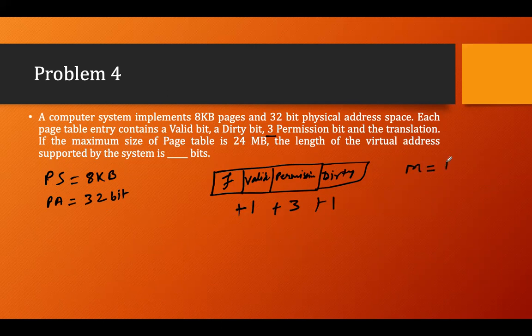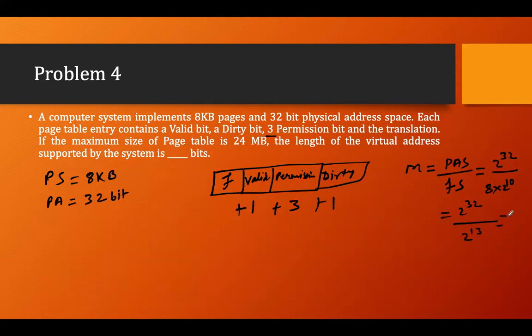It is just the physical address space divided by the frame size. What is the frame size? Frame size is equal to the page size. It will become 8K, 8 into 2 to the power of 10, right? And physical address space given is 32, which means 2 to the power of 32. So we have 2 to the power of 32 divided by 2 to the power of 3, it will become 2 to the power of 13.